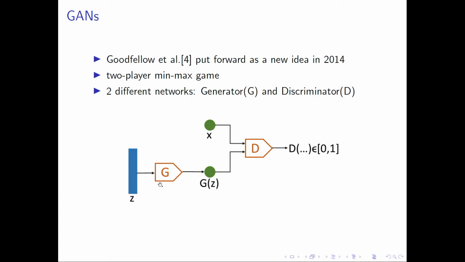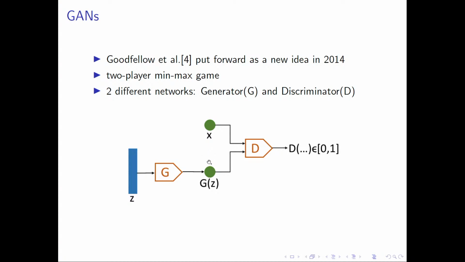One is the generator, which we call G, and one is the discriminator. In this architecture, Z is noise data from any distribution, and G of Z is what G generates by receiving this data.